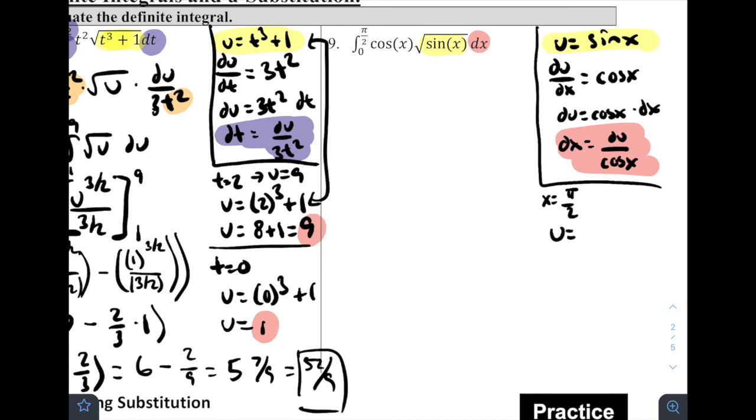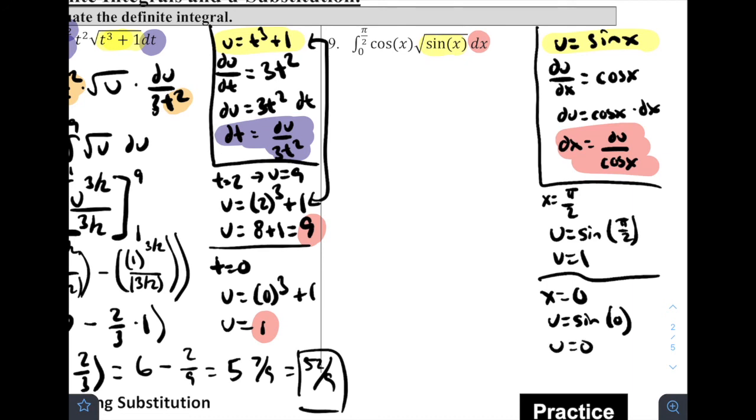If I substitute that into my u equation, u is sine of pi over 2, and at pi over 2, the sine value is 1. So u is 1. And when x is 0, which is our other limit of integration, u is going to be sine of 0, which is equal to 0.